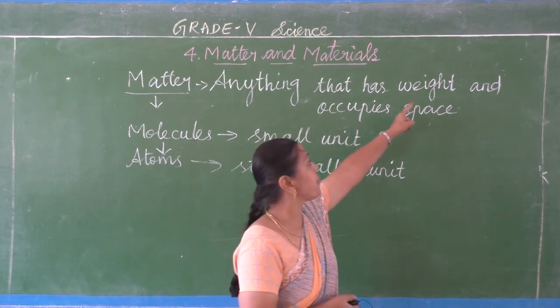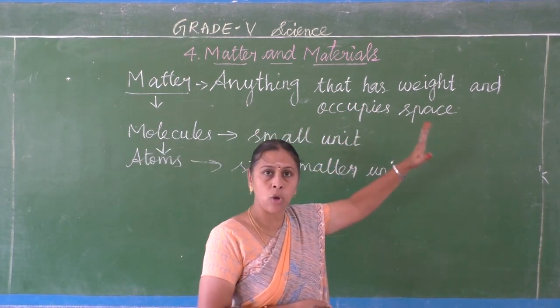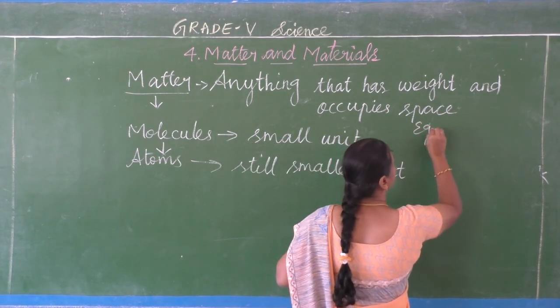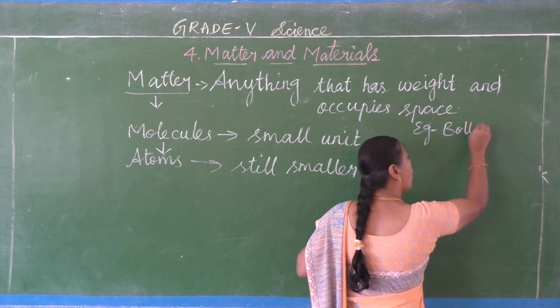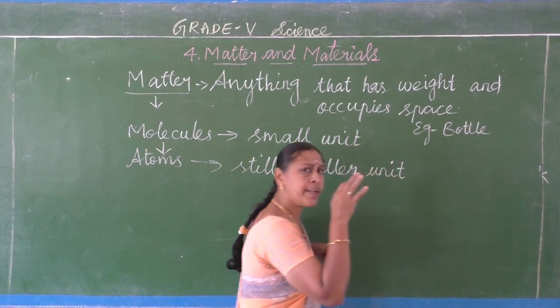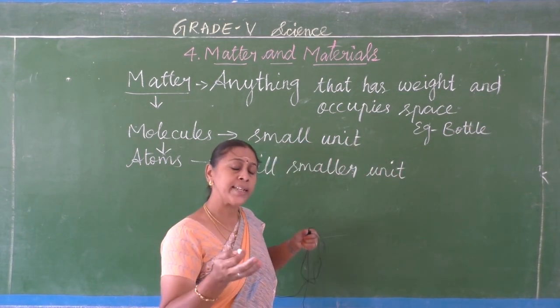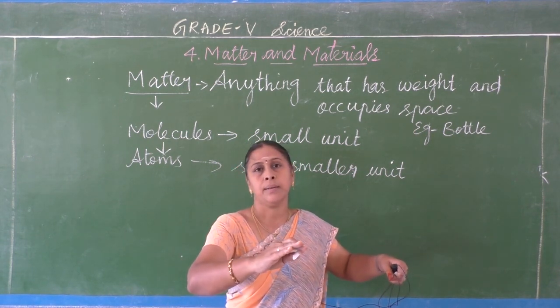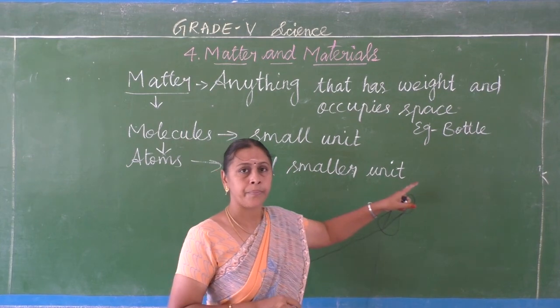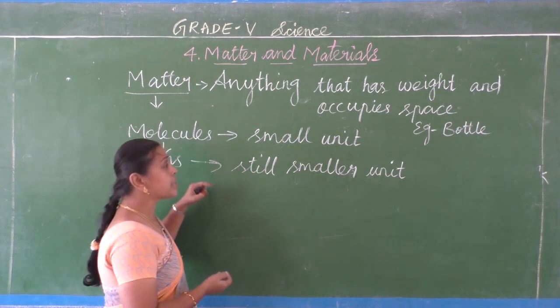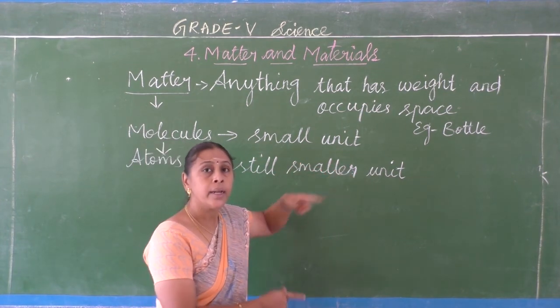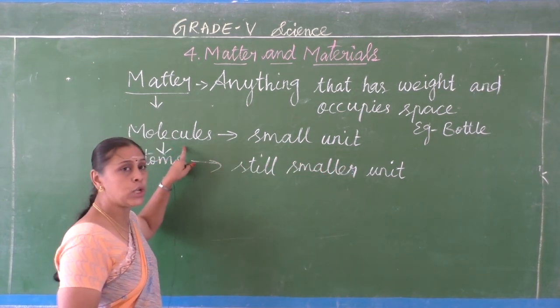Anything that has weight and occupies space is called matter. Example, chalk piece or book or water bottle, whatever thing, cloth, whatever it is. You can say any example that has weight and occupies space is a matter. And this matter is made up of small unit called molecules.